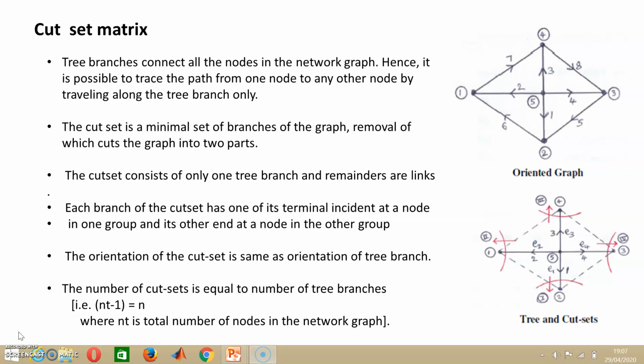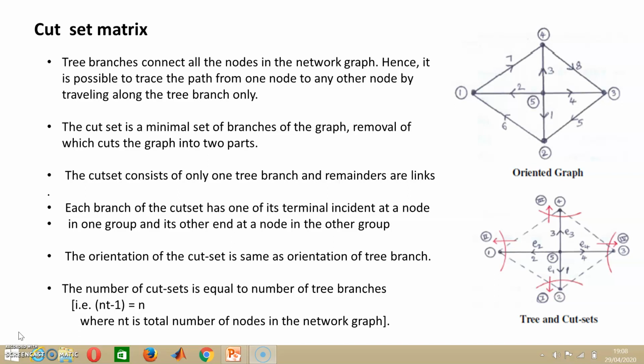Now let us talk about the two figures given on the right side. One is a given oriented graph and one tree is selected. The branches in the oriented graph are 8 and the nodes are 5, and one tree is selected.